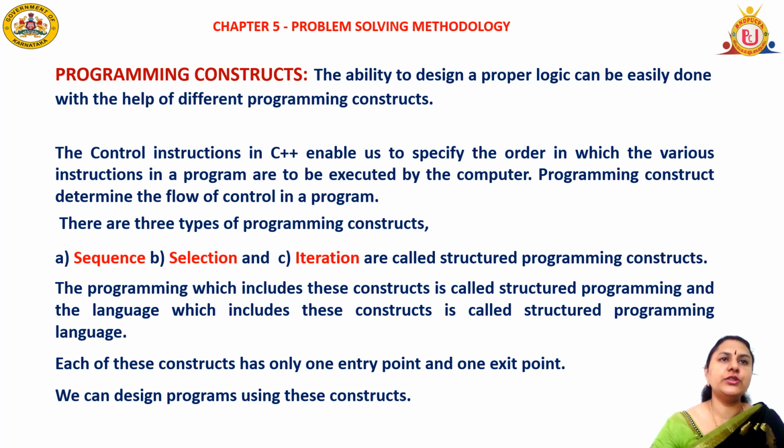Symbols used in flowchart are, first one is oval or terminal. It is used to start and stop. Next, processing, that is rectangle. It is also used for assignment statement. Next is parallelogram for input and output. Decision making, that is rhombus symbol.